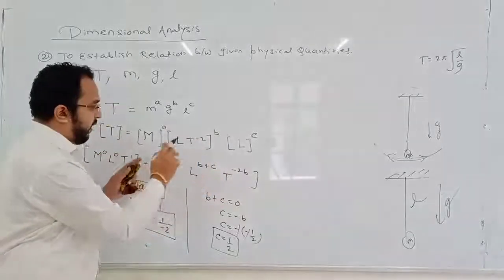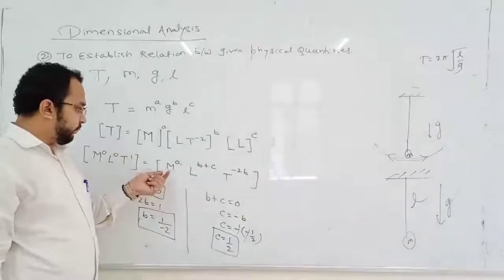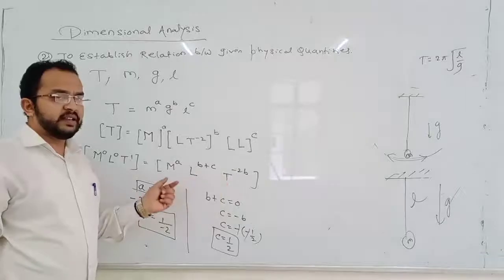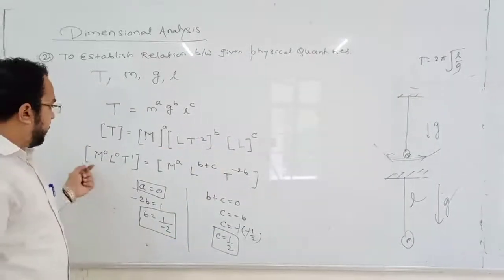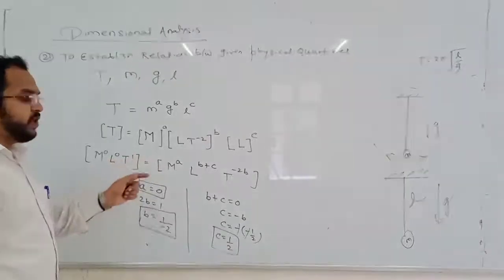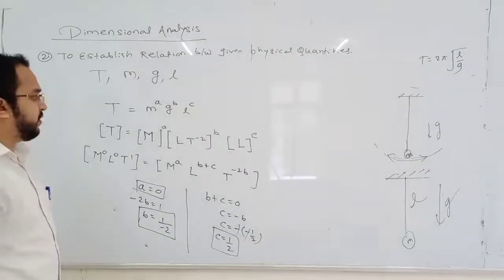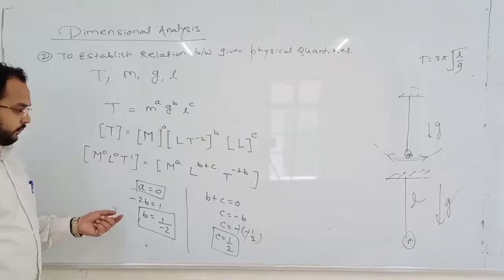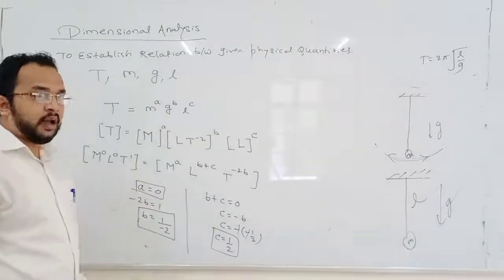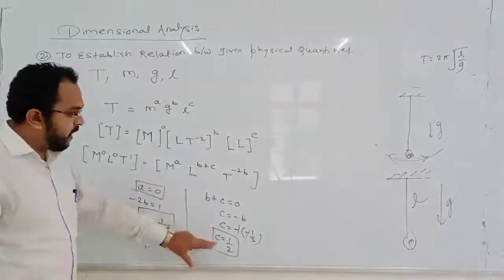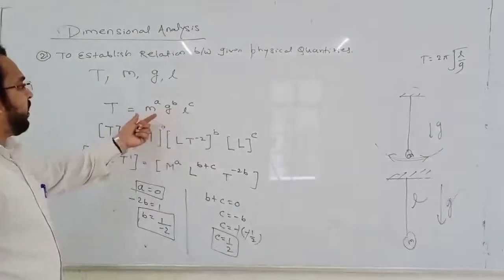Then I have simplified or I have written the single terms, that is M, L, T, and given the total powers of respective terms. Then I have compared the individual quantities, individual dimensions. Now we have all the three values, A is equal to 0, B is equal to minus half, and C is equal to half. Substitute these values here in the assumed equation.